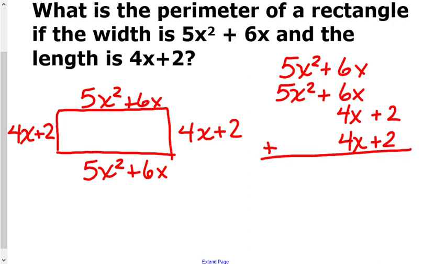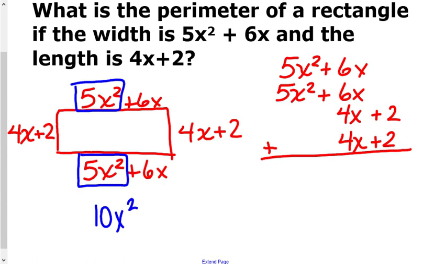I can also, it's okay to do it this way, to go through and say, well, I see a 5x squared here and a 5x squared here, so that gives me 10x squared. My next set of like terms I see is 6x plus 6x, 4x, and 4x.